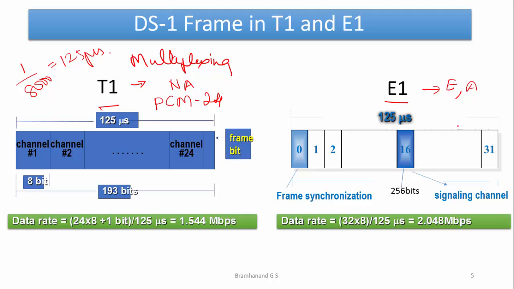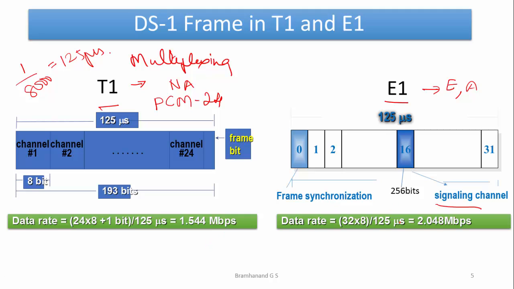Similarly, in E1 there are 32 such channels which are named from 0 to 31. But time slot 0 is used for frame synchronization, and time slot 16 is used for the signaling channel in E1. The data rate of T1 is 1.544 megabits per second, right?